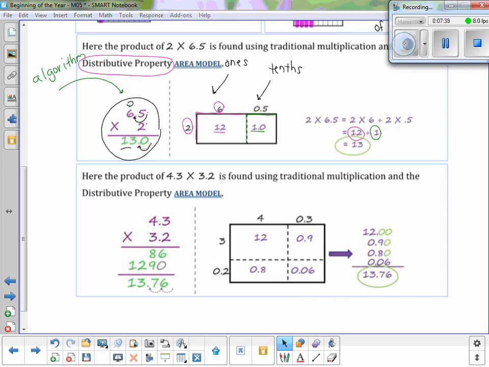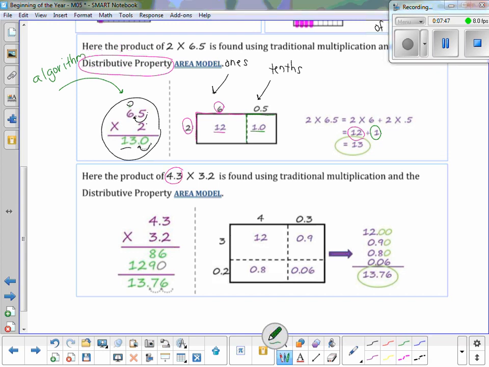Go for it. Looking at this last problem here, we have 4 and 3/10 times 3 and 2/10. We took that 4 and 3/10 and divided it up into the ones place and the tenths place.